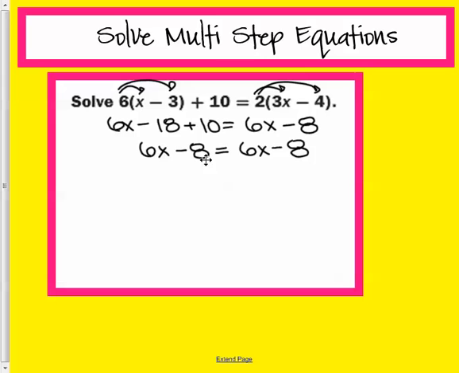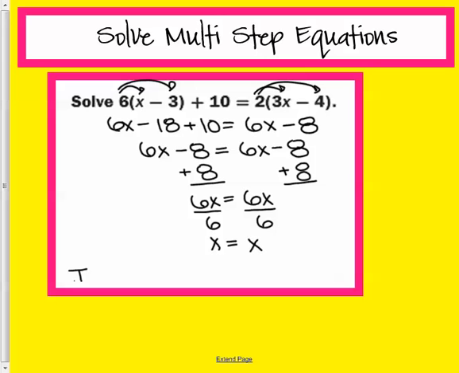That's a true statement, right? These equal one another. But just because they want us to, let's go ahead and isolate the variable. So we're left with 6x equaling 6x. And when we divide by 6, we're left with x equaling x. So this means we have infinitely many solutions.